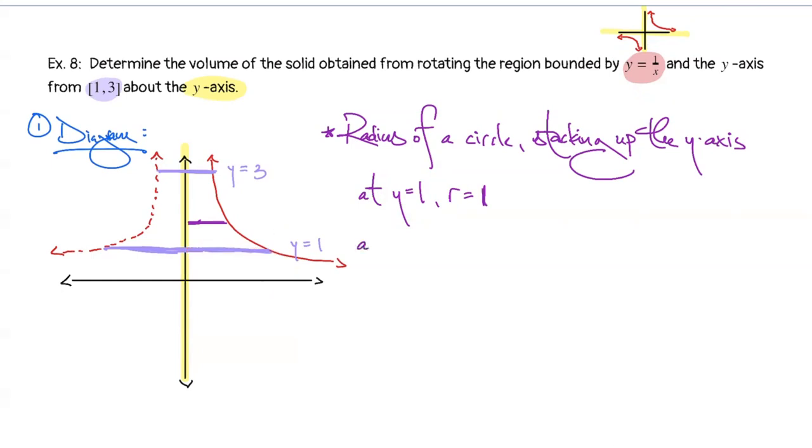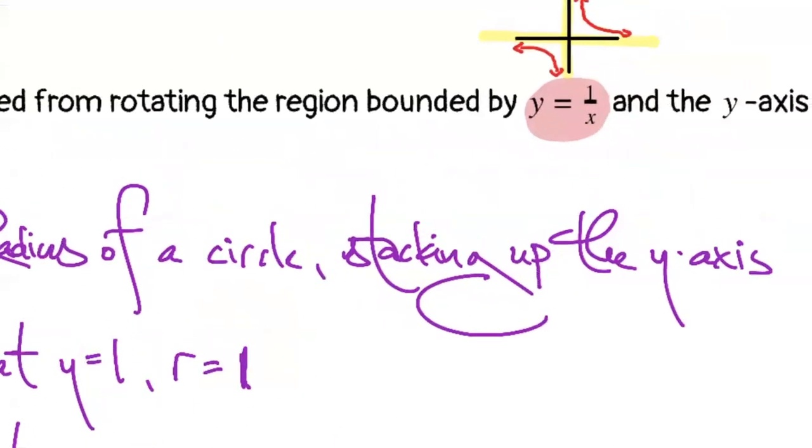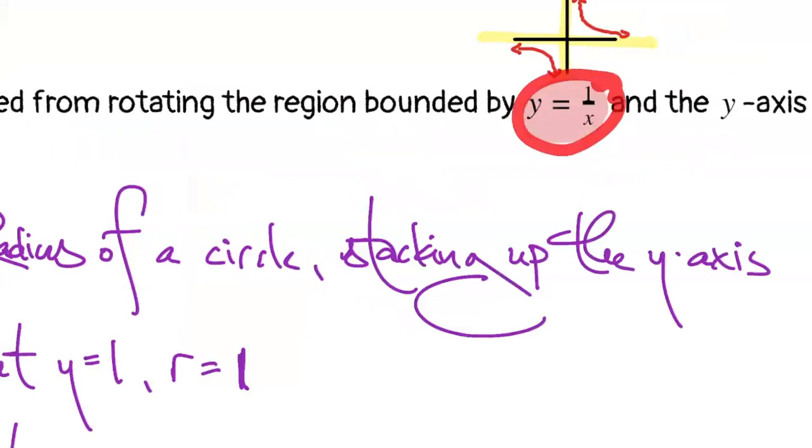And if I keep playing that game and say at y equals 2, what is the radius? At y equals 3, what is the radius? We might notice that we can keep plugging in numbers for y. But let me ask you something. If you're plugging in numbers for y here, do you get your x value right away, or do you have to do a little bit of work?